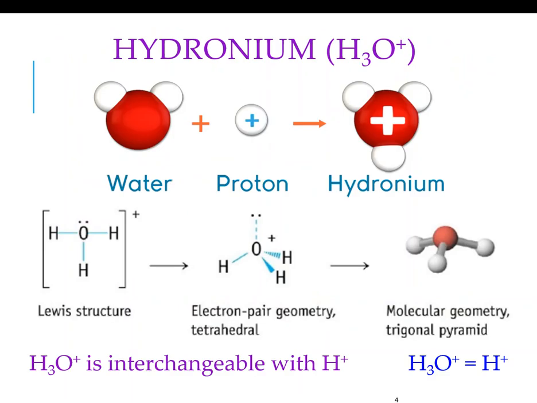Now going back to hydronium, we do use them interchangeably: H3O+ equals H+. If you see it written as H+ or as H3O+, when you see either designation, you should think acid automatically. Here is a little more detail showing the Lewis structure.